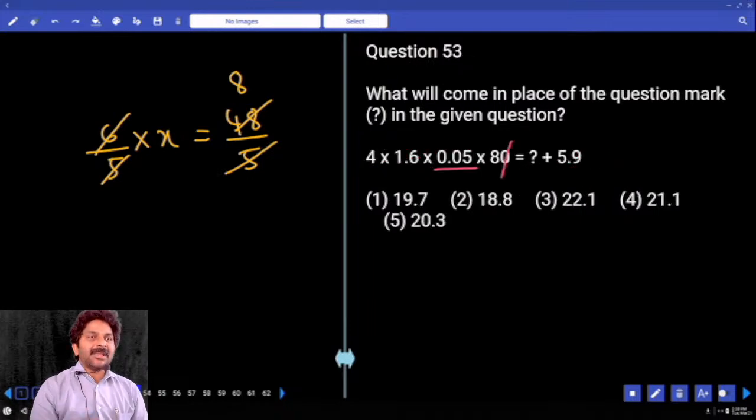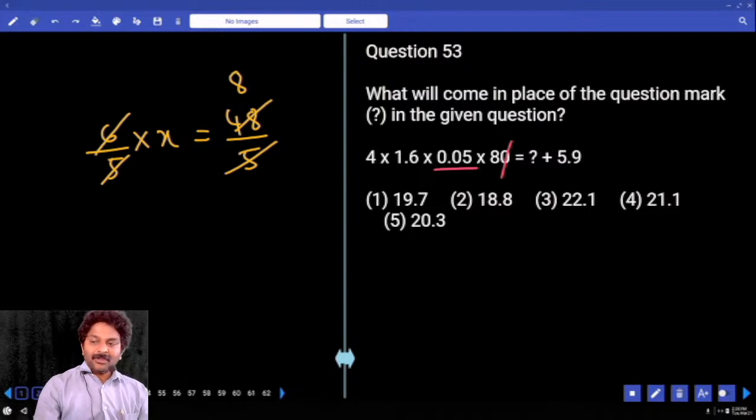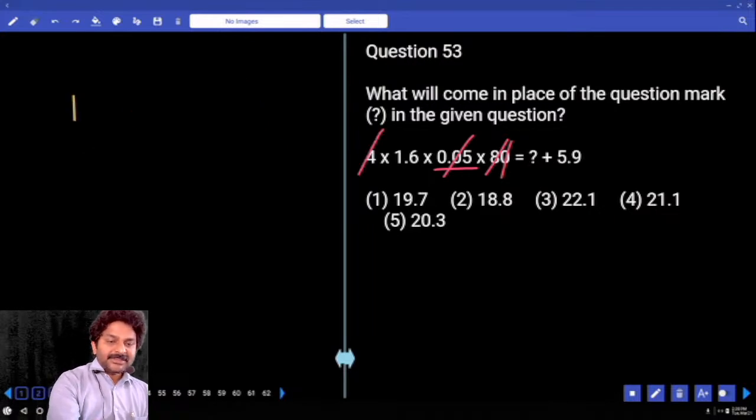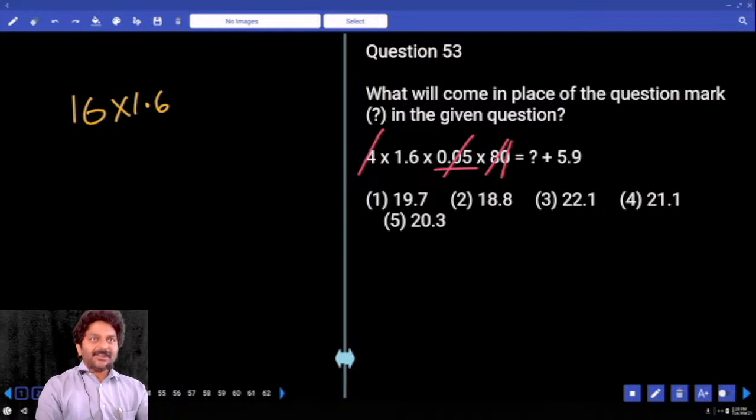0 and decimal can be cancelled here. So 0.05 becomes 0.5. 0.5 in the sense, can I write it as 1 by 2? 1 by 2 into 8. 4 into 4, 16 into 1.6. Treat it as 16 square, 256.